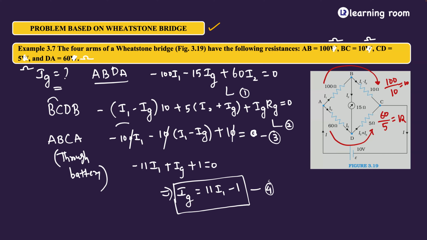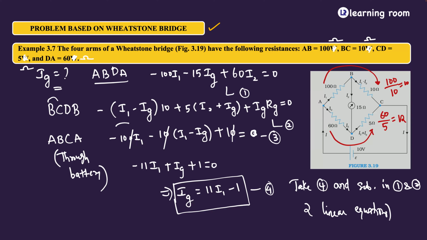So what you need to do is take 4 and substitute in 1 and 2. Then you will get two linear equations, from which find out the value of I1. Once you get the value of I1, substitute it here and find the value of Ig.